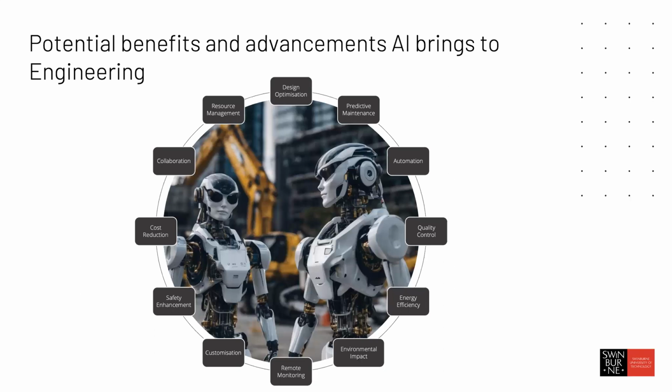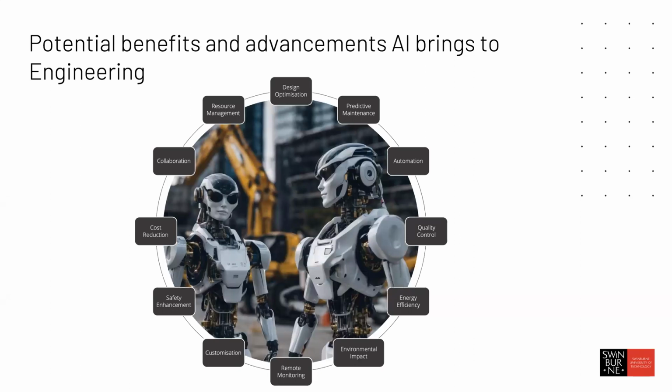Energy efficiency: AI can optimize energy consumption in manufacturing processes and building systems, reducing energy costs and environmental impacts. Engineers can also use AI to design and implement sustainable solutions, reducing the environmental footprint of engineering products.